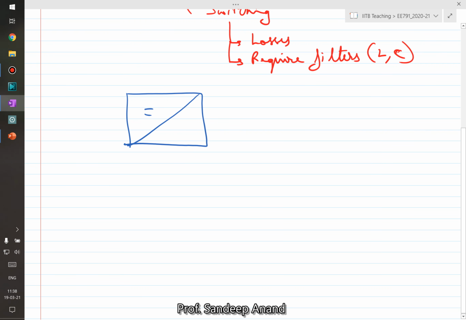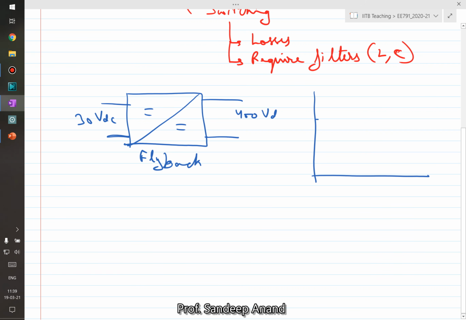Let's say we have a DC to DC flyback converter. Now if I get 30 volt DC here, I can produce 400 volt DC. I can produce a fixed voltage DC here by a suitable closed loop control where, let's say, I monitor this 400 volt and compare it with the reference and maintain a fixed 400 volt.